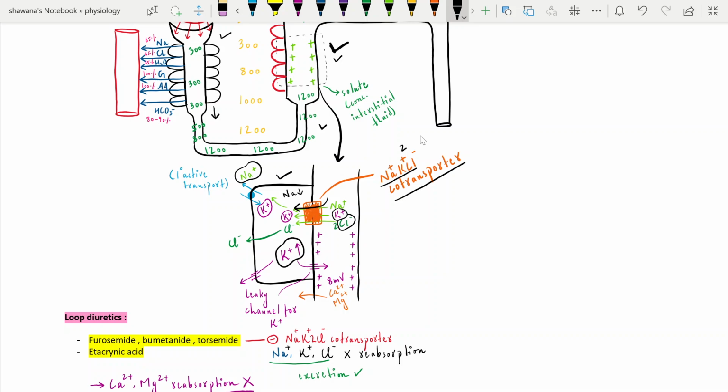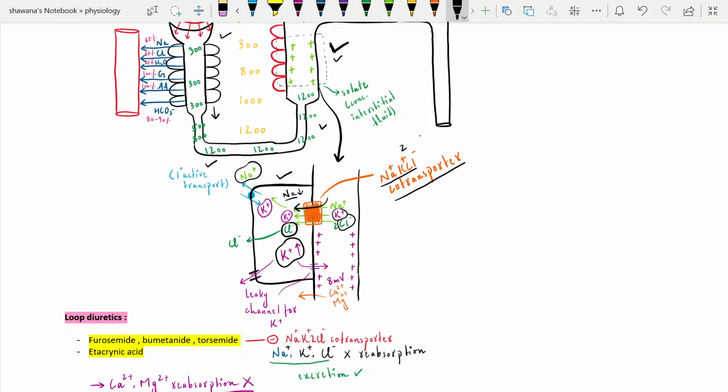But the sodium inside the cell moves out by primary active transport. The potassium built up inside the cell has some leaky channels through which it can move out, and chloride also has its special channels and can move out, making the interstitium hyperosmolar.